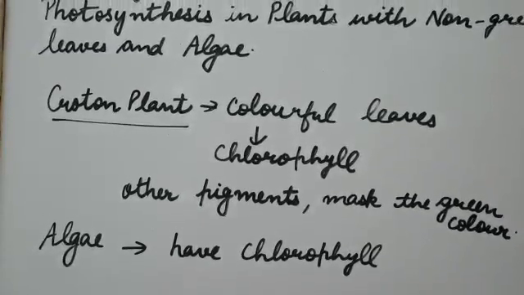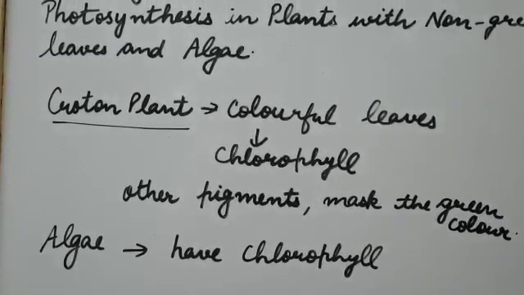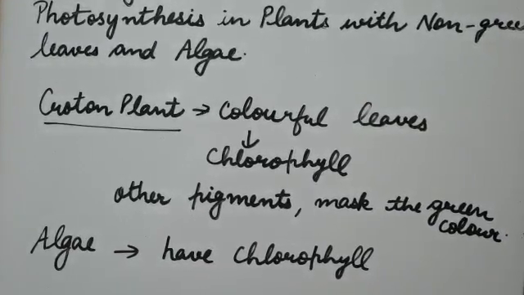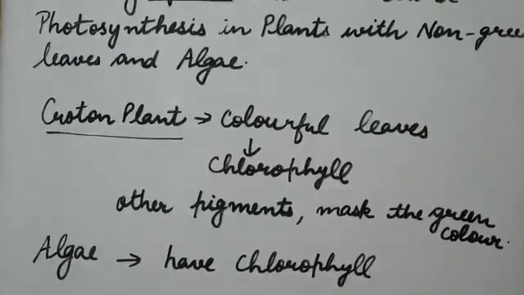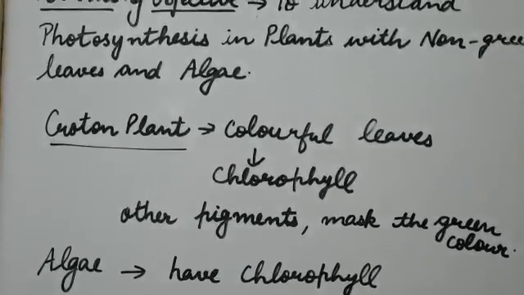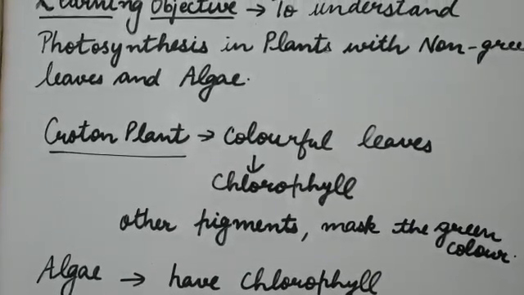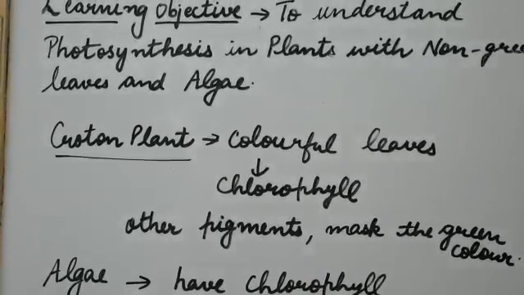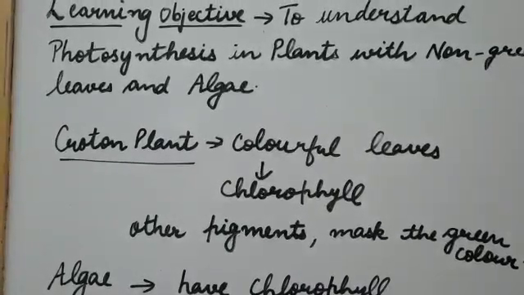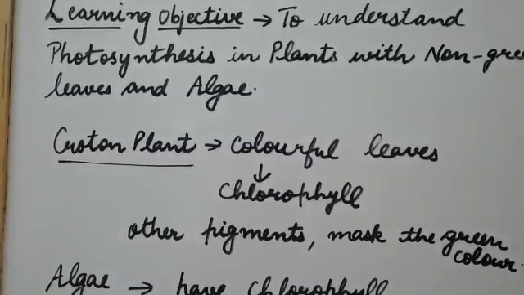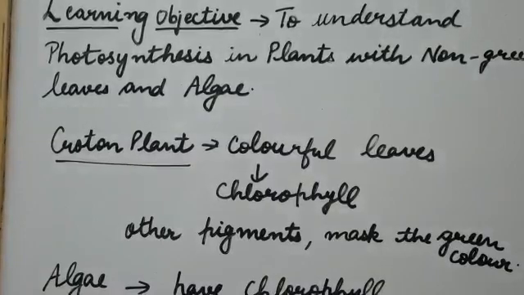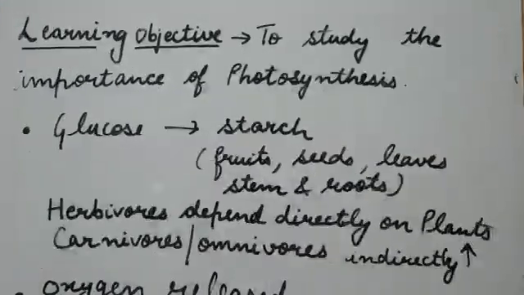They have chlorophyll, as they are green in color, so they can easily prepare their own food by the process of photosynthesis. So we have seen that the croton plant, even though it is not green in color, still has chlorophyll present in it. They are able to make their own food, and the green algae are also green in color. They have chlorophyll and can prepare their own food with the help of photosynthesis.